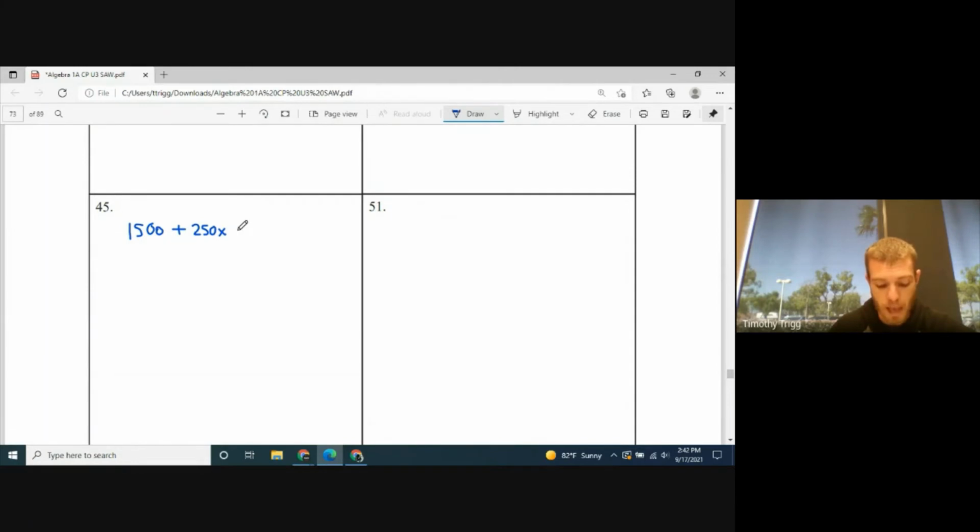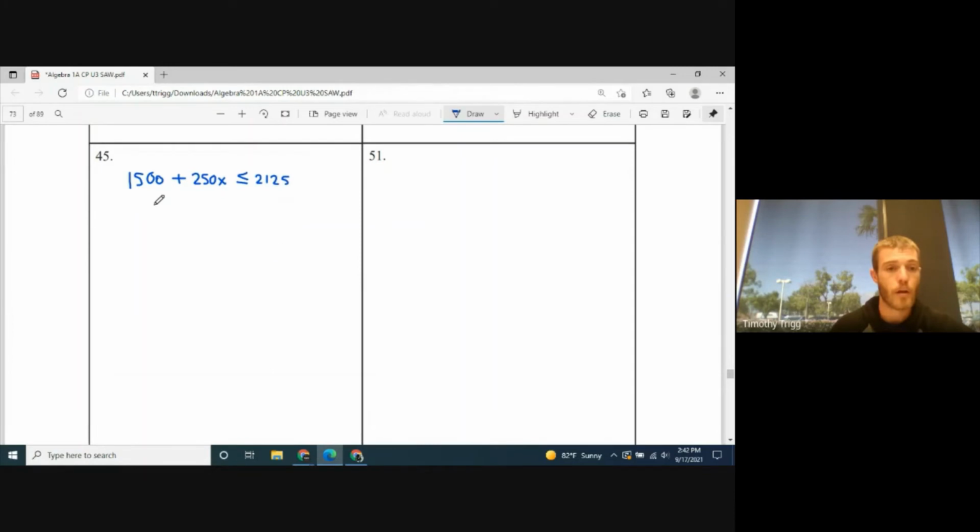And the most they can spend is what they raised, which was $2,125. So the amount they spend needs to be less than or equal to whatever amount they raised, which was $2,125. What I would start with is subtracting 1,500 on both sides of the inequality. Here, then we'd have 250x is less than or equal to 625.